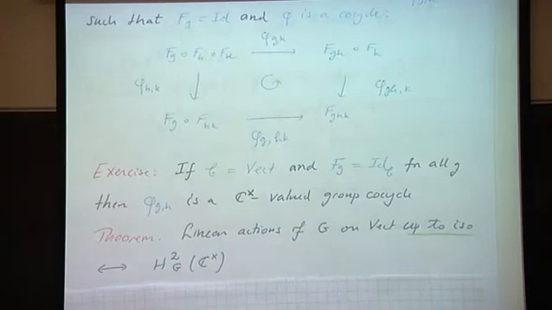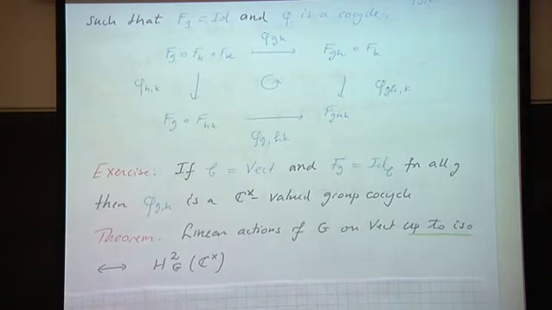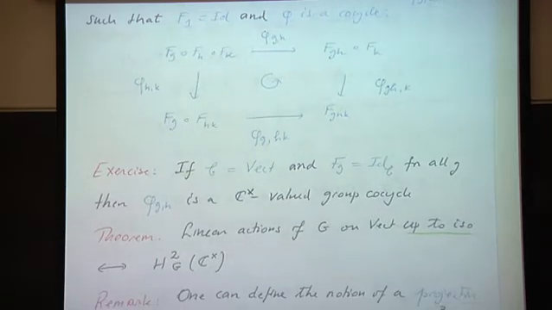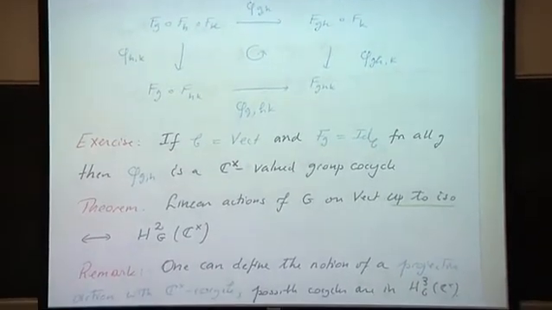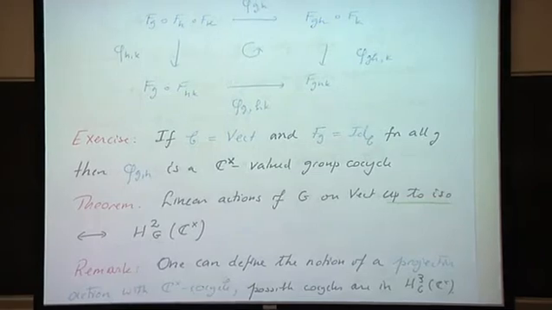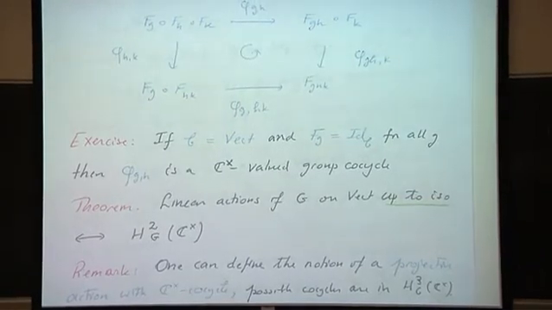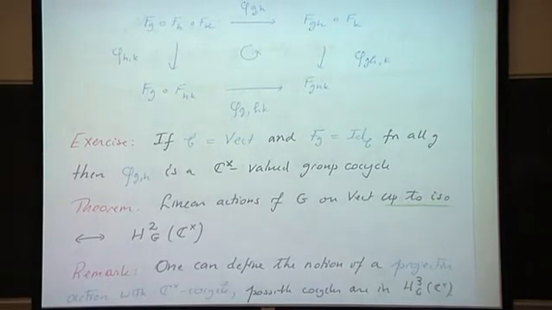So I wanted to contrast this with the statement of linear actions of G on the line C, namely they're classified by the first group cohomology with coefficients in C star. And if we were to continue that, you could define a notion of a projective action on a category with C star cocycles, and you'd find the possible cocycles are classified by H3 with C star coefficients.